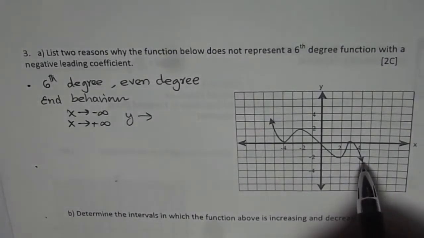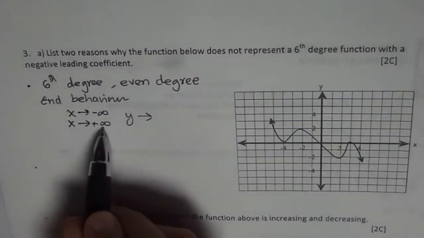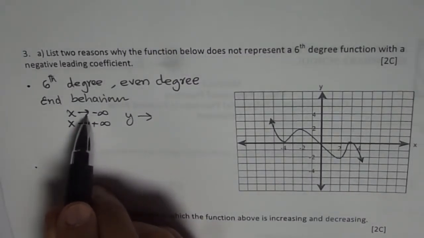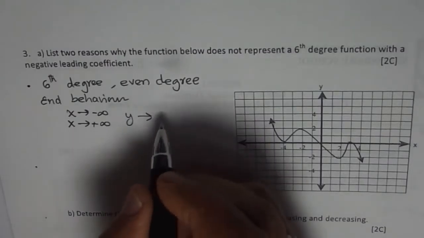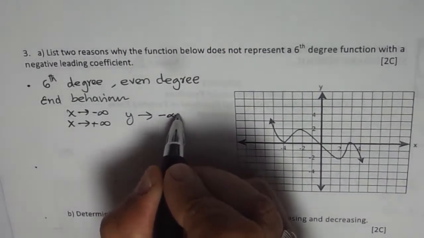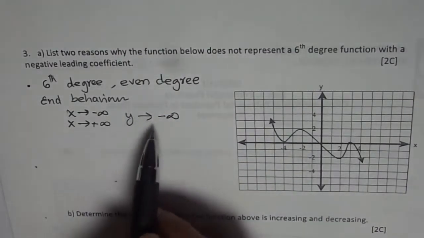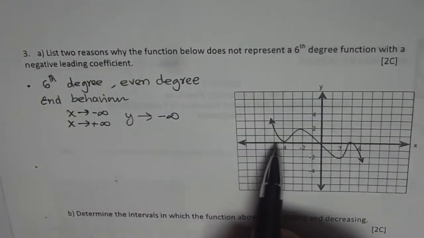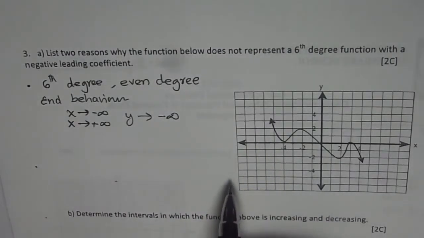So if it is approaching negative infinity for x approaching positive infinity, then for the other end also it should have been approaching negative infinity. Since it is not so, this is not a sixth degree function, correct?